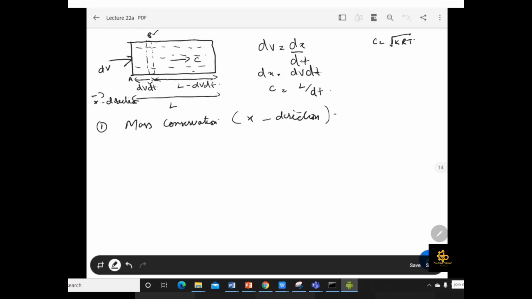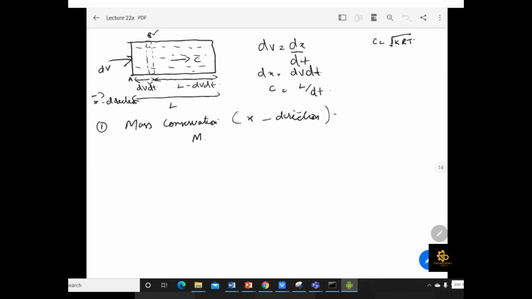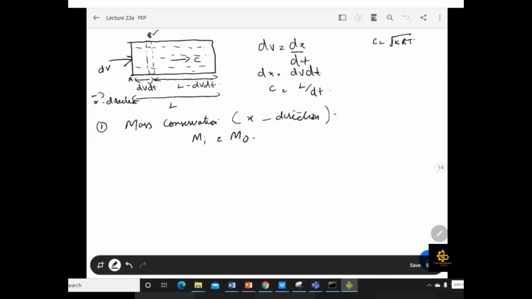Mass conservation you already know: mass in is equal to mass out. This is the basic term which you already study in fluid mechanics, how mass conservation needs to be applied. And this is the steady flow condition.